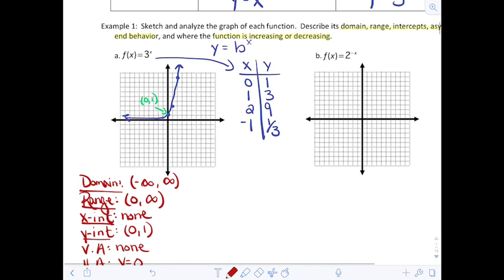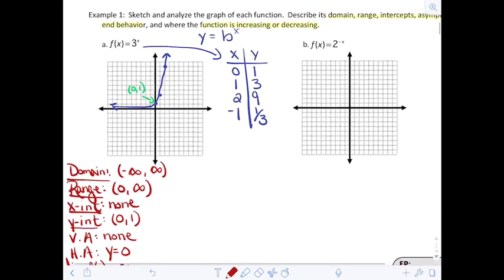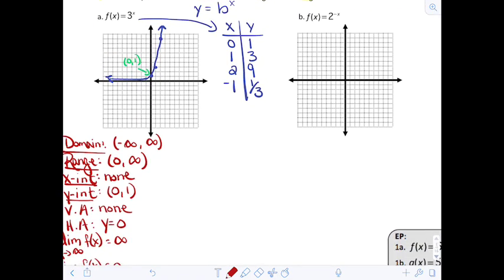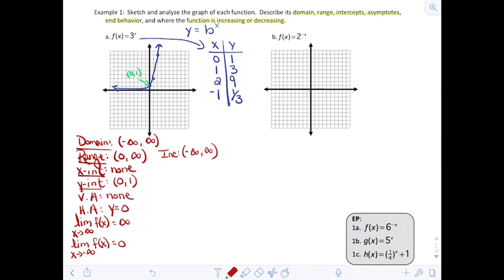We're also going to talk about whether or not the function is increasing or decreasing. So as we read this graph from left to right, it is increasing from negative infinity to positive infinity. Okay, so that's 3 to the x and those characteristics.